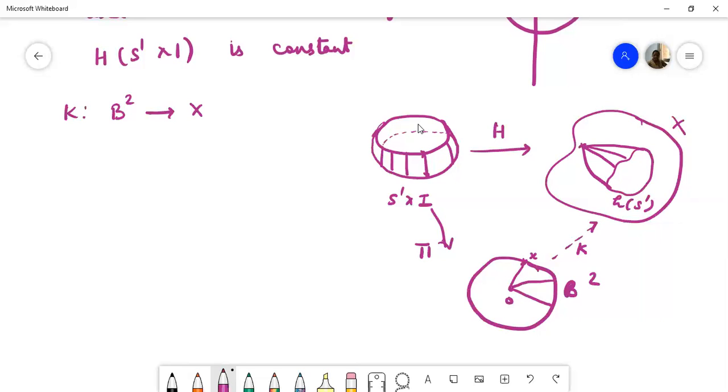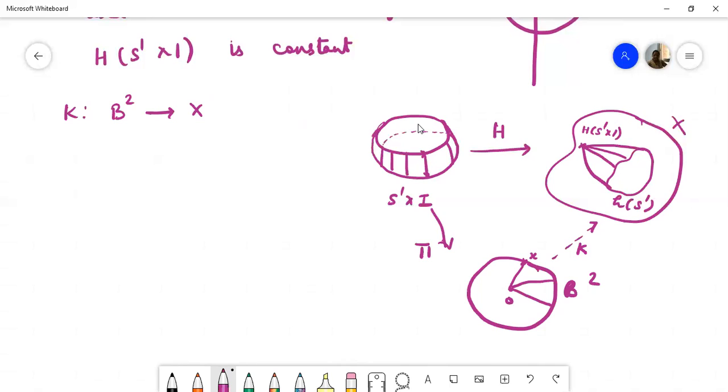So this point is basically capital H at S1 cross 1, which is a constant point in the space X. So basically we are saying that H(s,0) is given by this circle, H(s,1) is this point for every s in S1, and between that the points H(x,t), where t lies from 0 to 1, lie here on these lines.